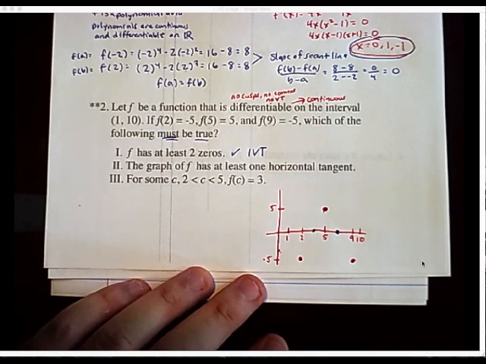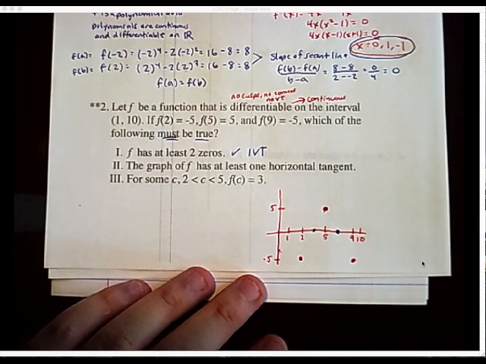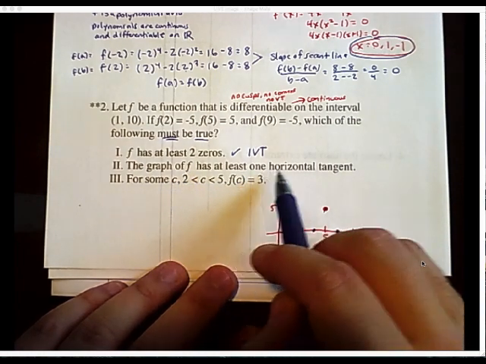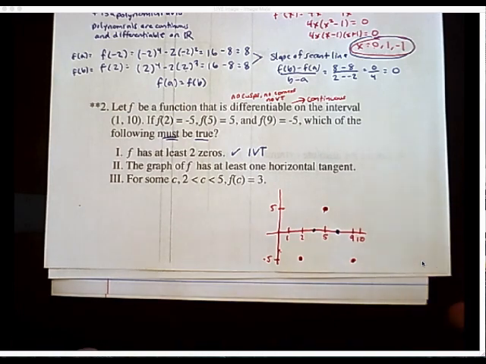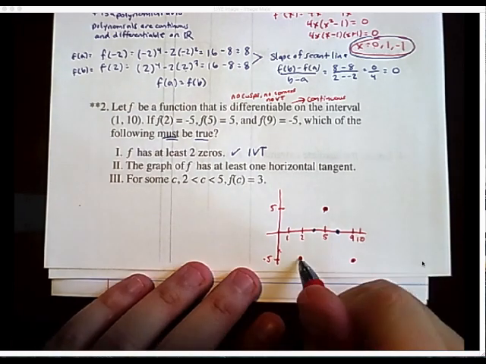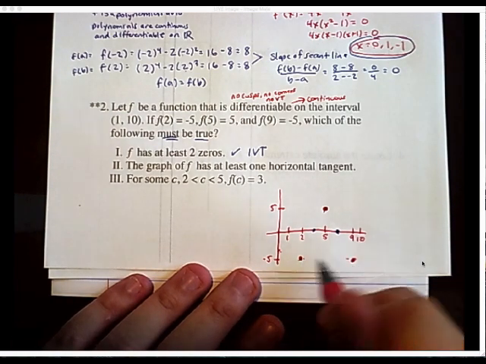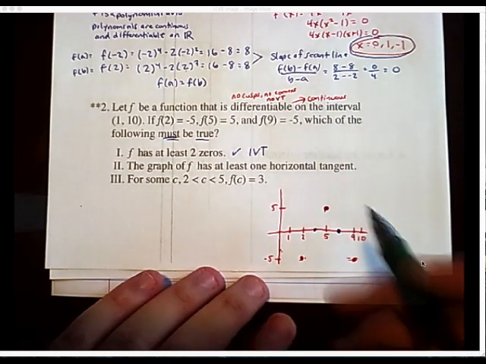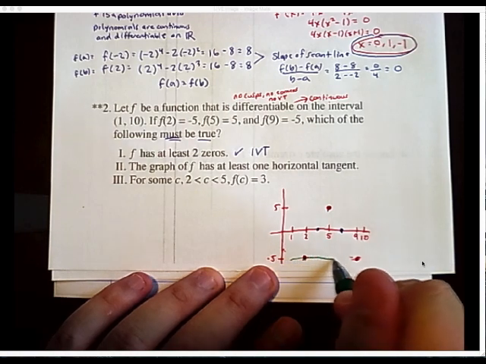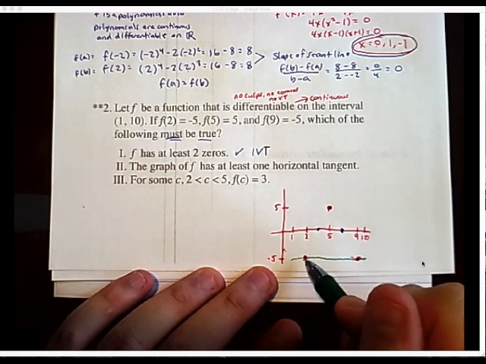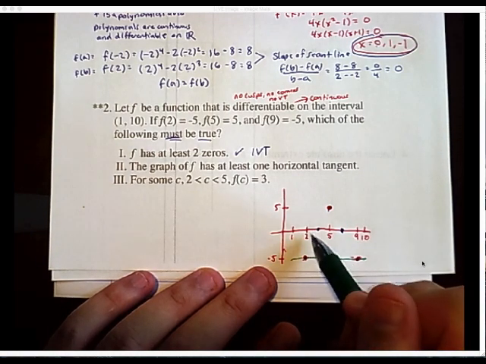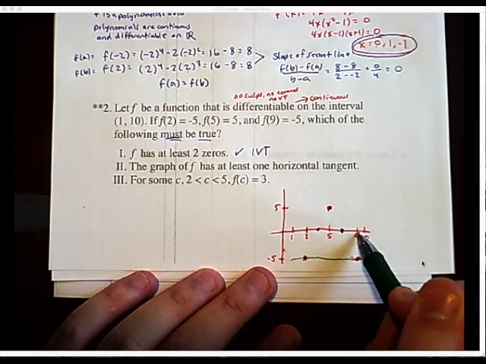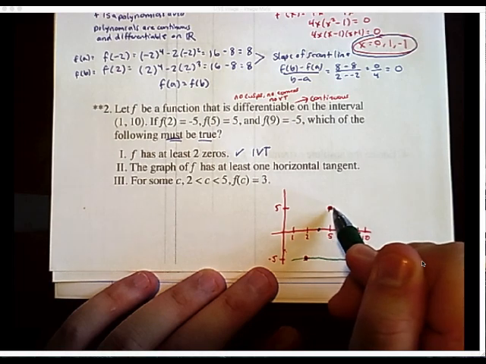So that one works. One has to be true. Now it says the graph of f has at least one horizontal tangent line. Based on Rolle's theorem, these have the same y values. That means if I draw in a secant line between them, at least one place between 2 and 9, maybe it's this point, maybe it's a different point.